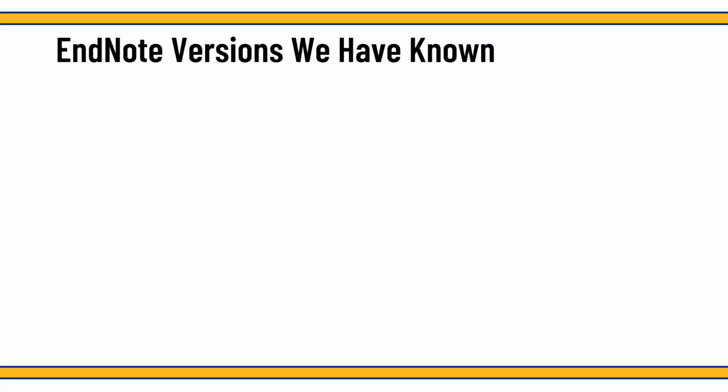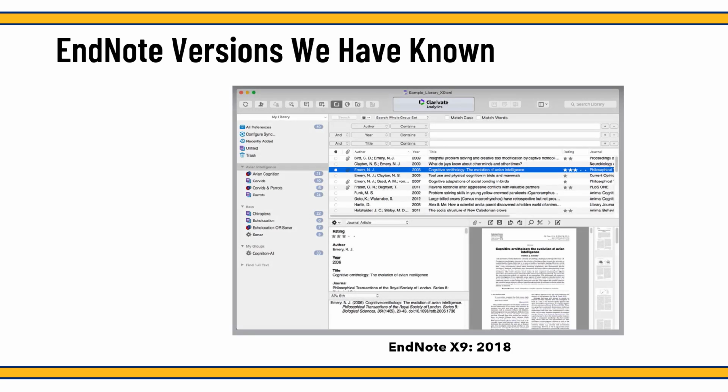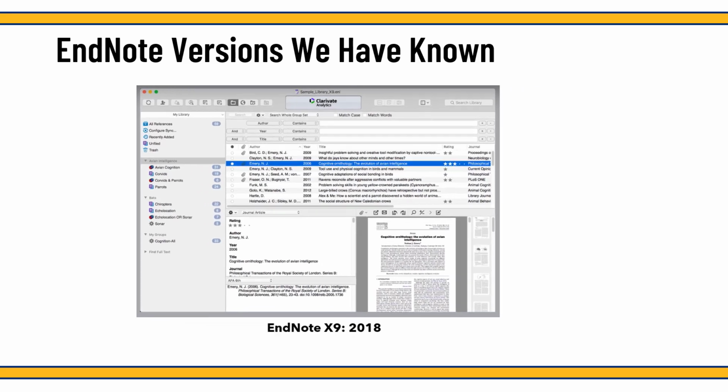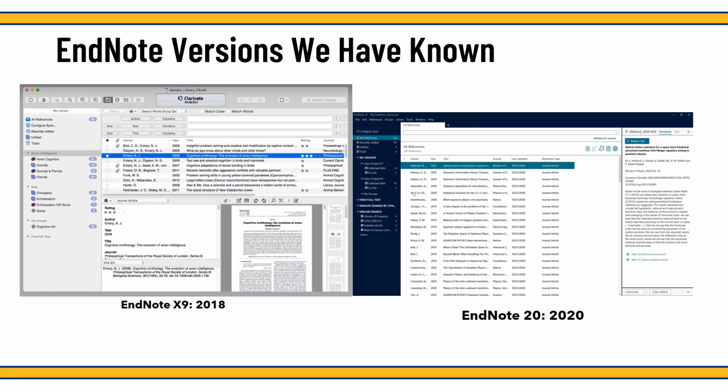If we look through the versions of EndNote and compare them to our materials about EndNote, you can see why we update our materials when we do. This was the first EndNote that we documented. That was followed up by EndNote 20, and you can see those are quite different.